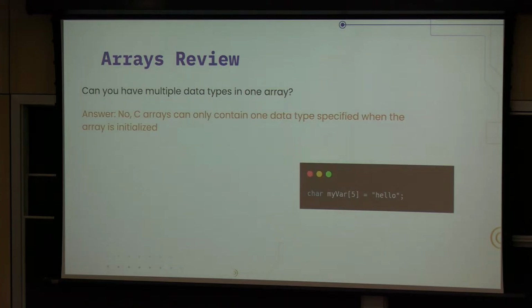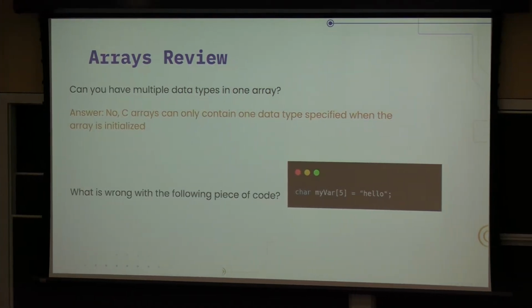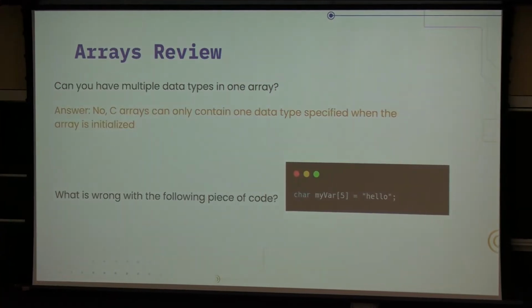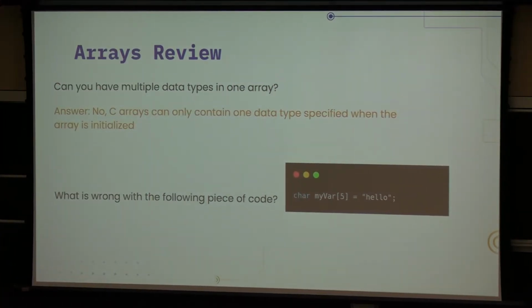Next up, we have this piece of code. I should rephrase it as, is there anything wrong with this piece of code? And if there is, what is it? Double quotations is actually fine there because we're defining a string.